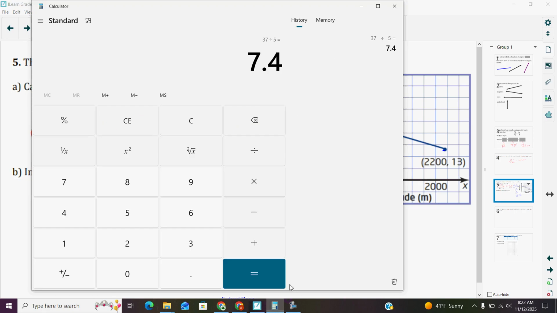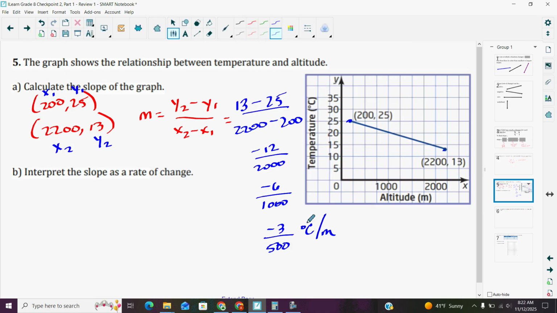And again, if it asked for a decimal, we could get it. 3 divided by 500 is negative 0.006. We have a negative slope. This line pretty clearly has a negative slope.